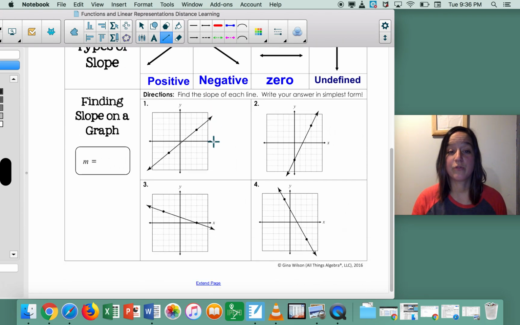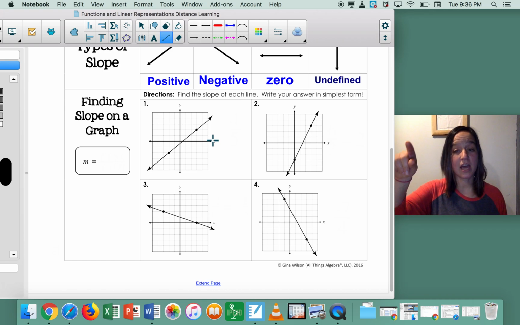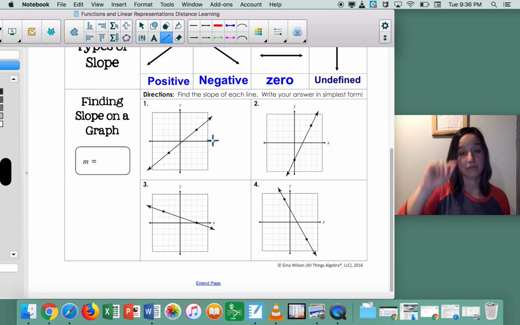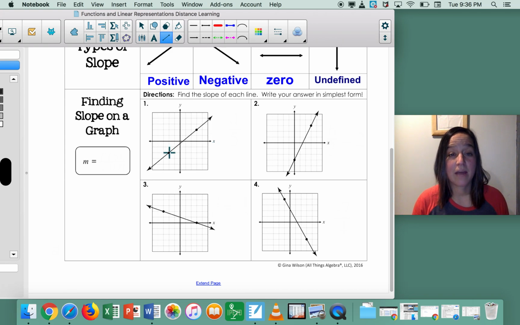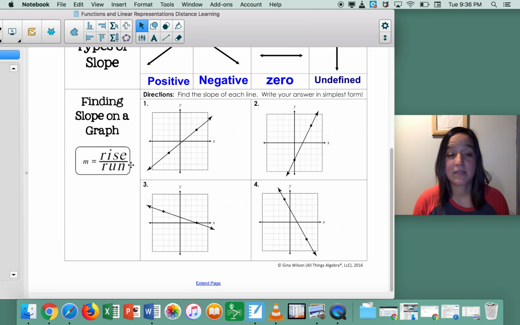When we're looking to find slope on a graph, we talked about that. It's counting. You have to make sure that you're counting continuously. For this one, you're going to count up and then over, because what I'm doing is counting my rise over my run.